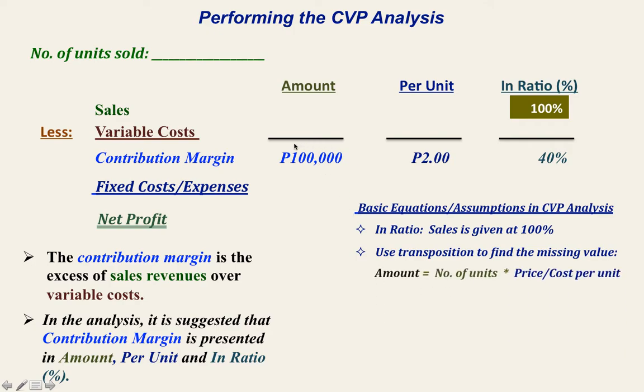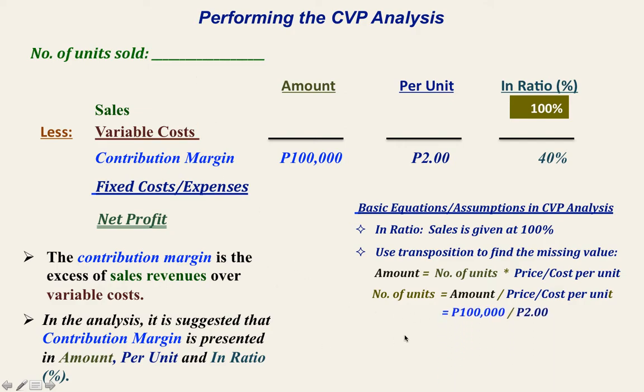The amount will be the number of units times the per unit price or cost. In this case, what is given is the amount and the per unit. So we have to use transposition to find the missing value. The number of units will then be the amount divided by the price or cost per unit. With that, we will be able to determine the number of units.